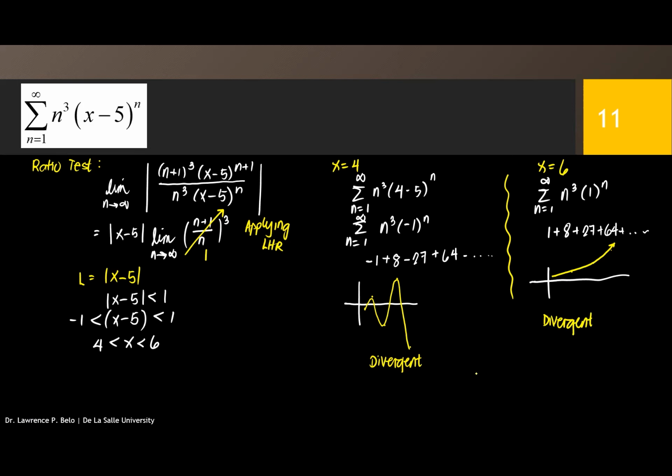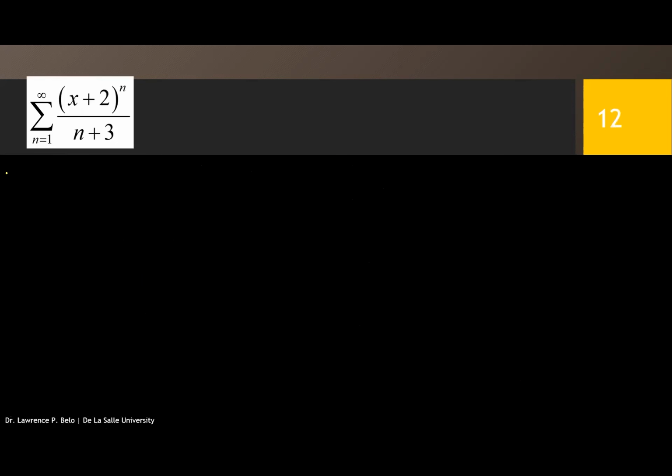Therefore, if I ask you, what is my interval of convergence? My interval is from 4 up to 6, and both are not included. If I ask you, what is my radius of convergence? 6 minus 4 is 2, over 2, 1. So this is your final answer.